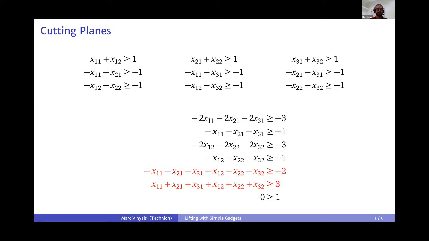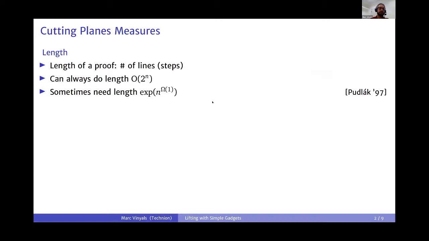Now, what do we want to know about these kinds of certificates? Well, for one, we would like to know about their length. The length of a proof is just the number of lines in it, the number of steps. And it's not too hard to see that any formula that has n variables has a cutting planes proof of length 2 to the n.